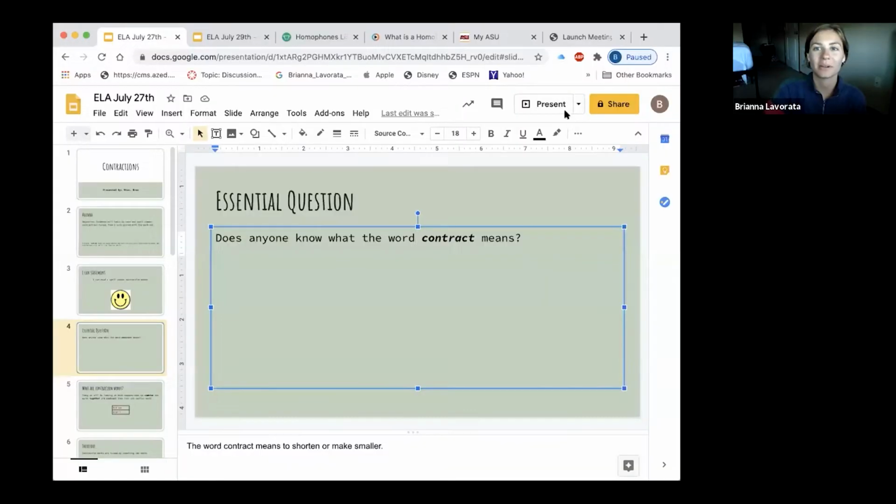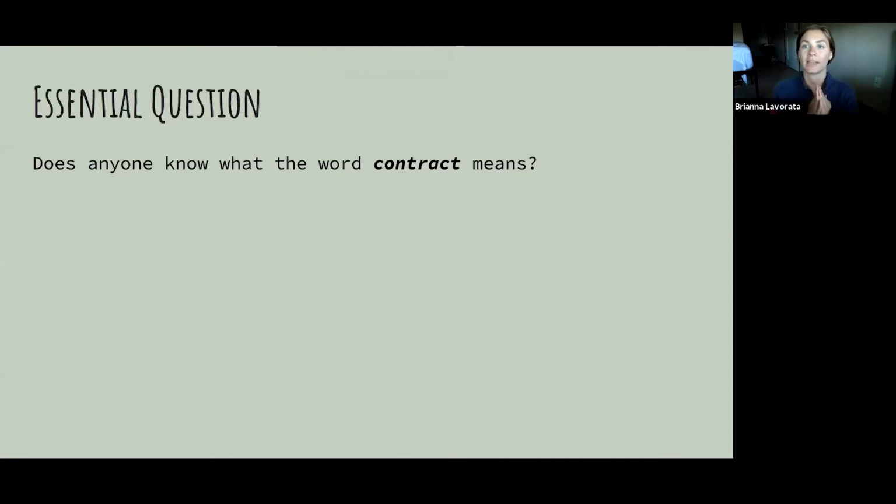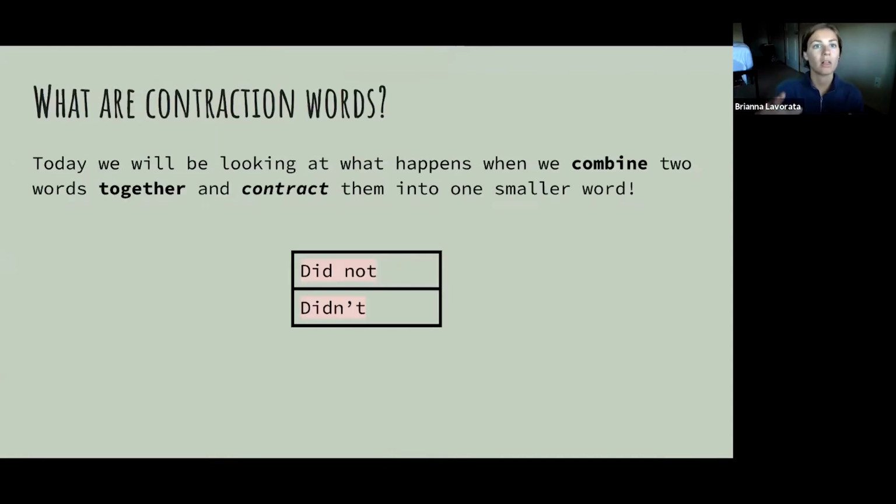So we can get back to our lesson and cover what the word contract means. So the word contract means to shorten or make something smaller, okay? So in this lesson, we're going to be focusing all about contraction words, okay?